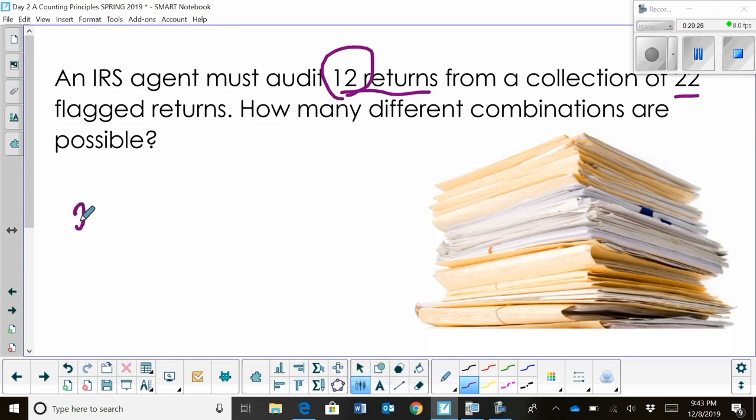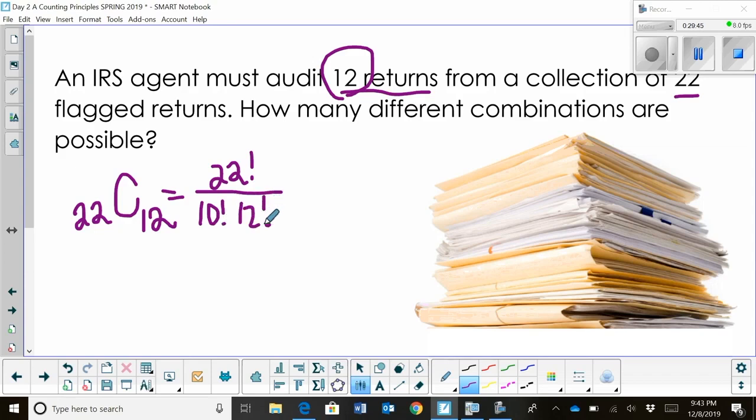Well, I've got 22 files to choose from, the total number, and I'm choosing from there as a combination 12. So I'm going to have 22 factorial over 22 minus 12. So my difference is 10 factorial times 12 factorial. Well, you know what? That's a little bigger than I want to handle.